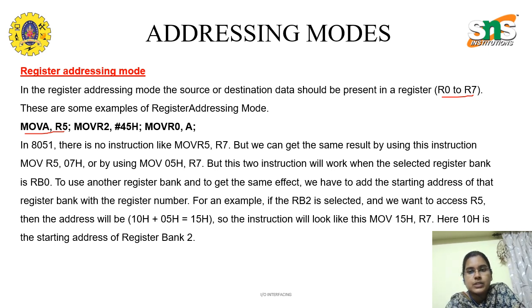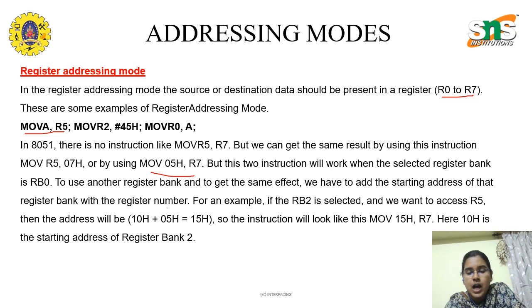We can get the same result by using an instruction like MOV 05H, R7. But these two instructions will work only when the selected register bank is RB0. To use another register bank and get the same effect, we add the starting address of the register bank to the register number.